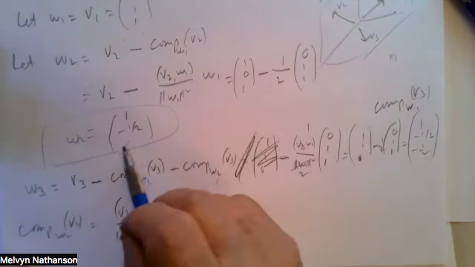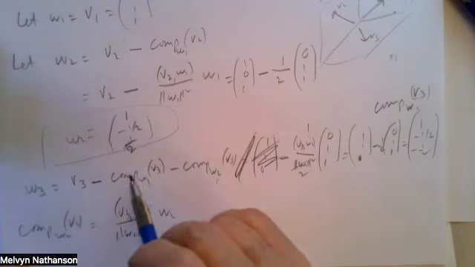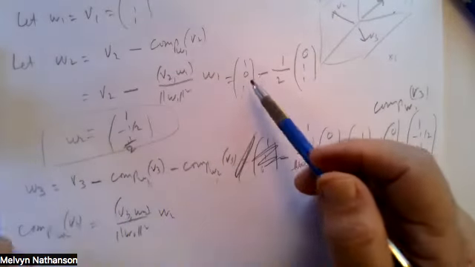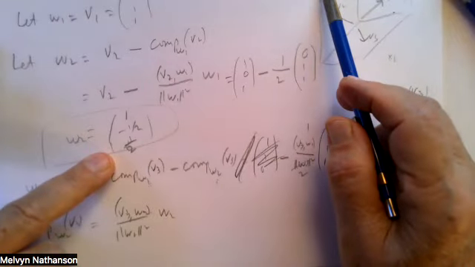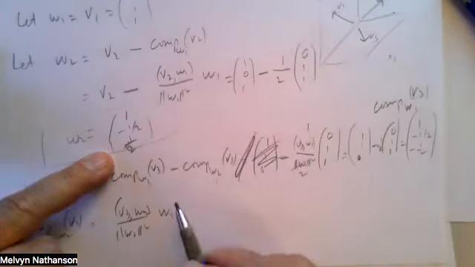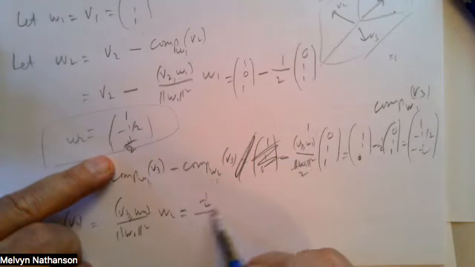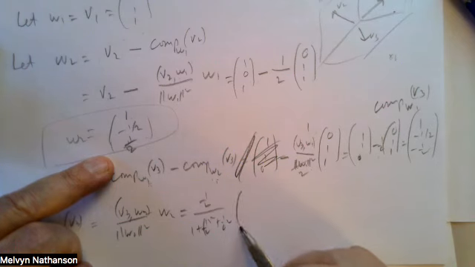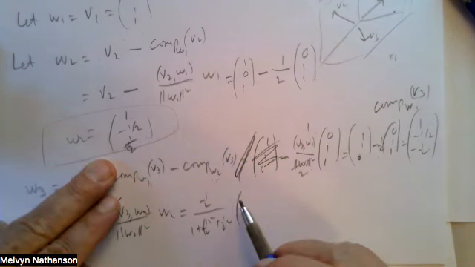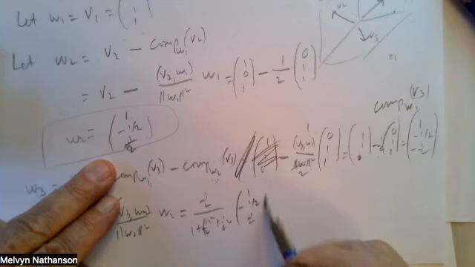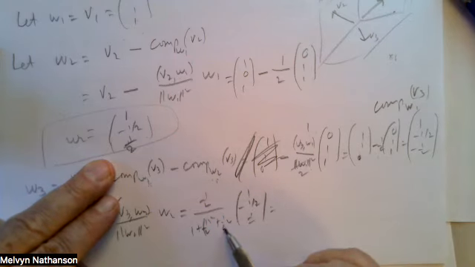This is W2, 1 minus a half, a half. And the inner product of V3 and W2, I get 1 minus a half plus 0, that's a half, over the length of W2 squared, that's 1 plus a half squared plus a half squared, times W2. A half squared is a fourth, a half squared is a fourth. This is 1 plus a half. This is 1/2 over 3/2.